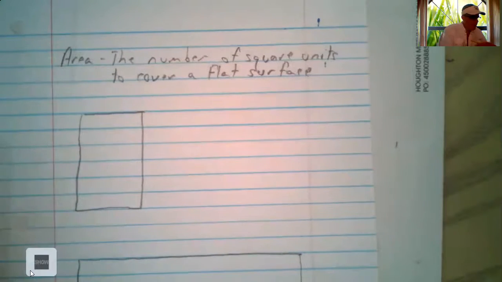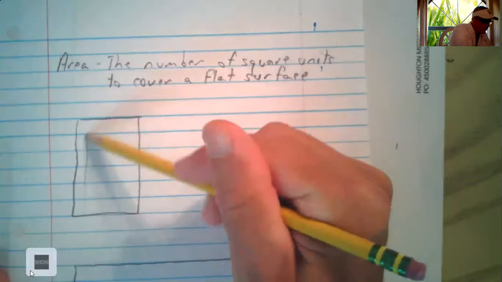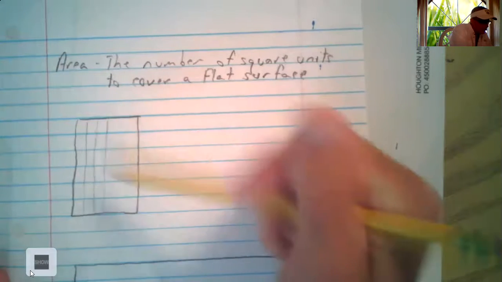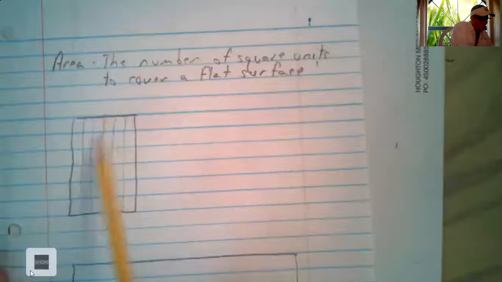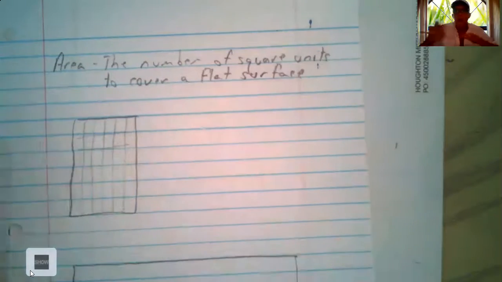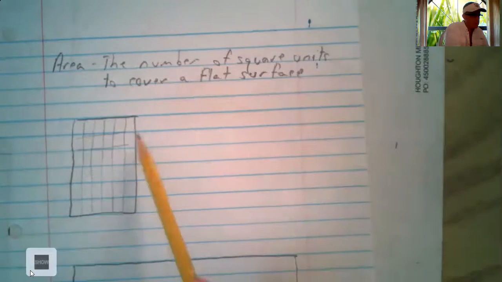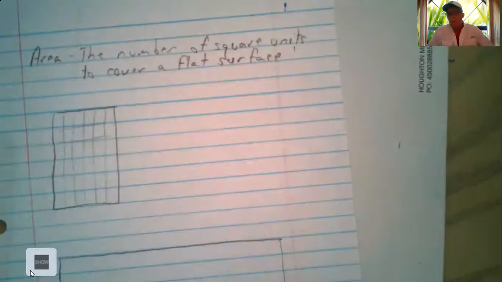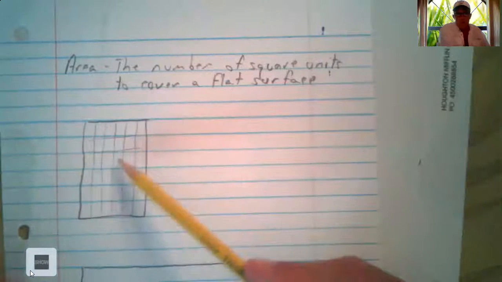In third grade you drew the squares, but we don't do that in fourth grade because you know your multiplication. These can be square inches, square miles, square kilometers, yards, feet, it doesn't matter. Square units.